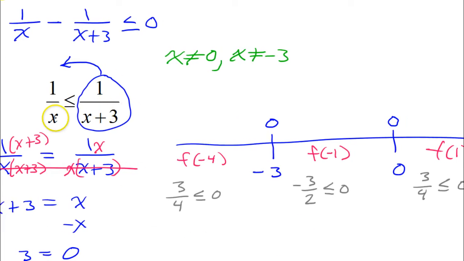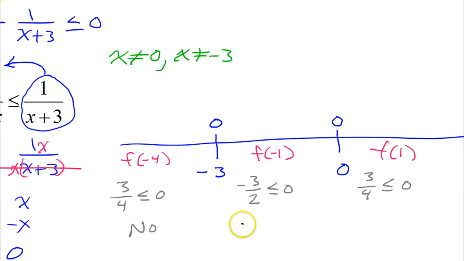So anytime you have a variable expression on both sides, just get 0 on one side and put that in your calculator and compare to 0. So is this less than 0? No, it's positive. Is this less than 0? Yes, it's negative. Is this less than 0? No, it's positive.